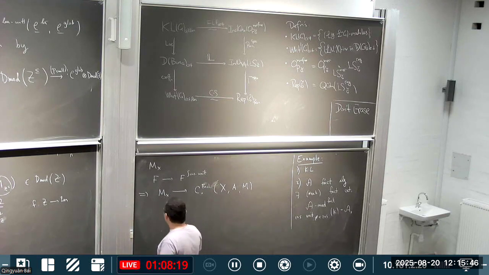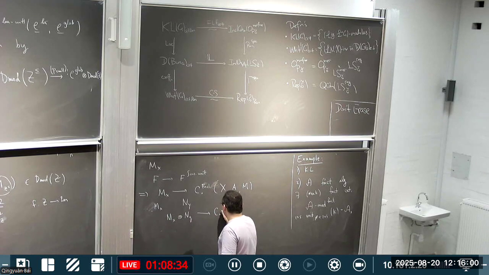But indeed, if you have M and N, M sitting at the point X and N sitting at the point Y, what you get is similarly a map like this.